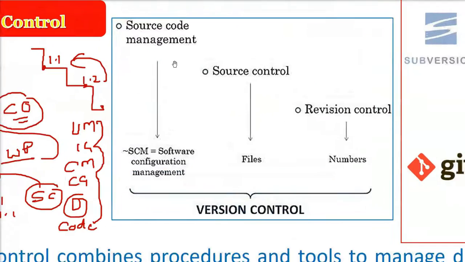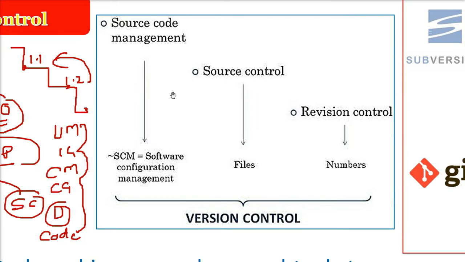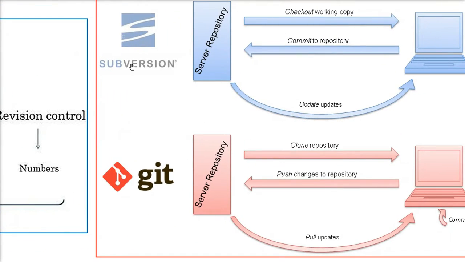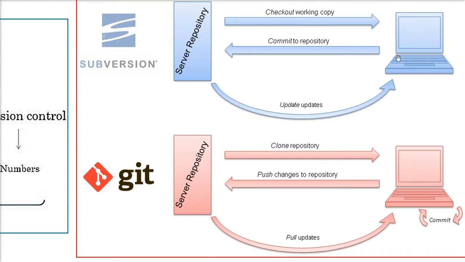Now let me show here the source code management. This is how we control the source, also revision control. So we have files and then we have certain numbers. Here you see SVN, which I was calling previously also Subversion. Then Git. GitHub is the most prominent, and you can understand SCM no better than through GitHub.